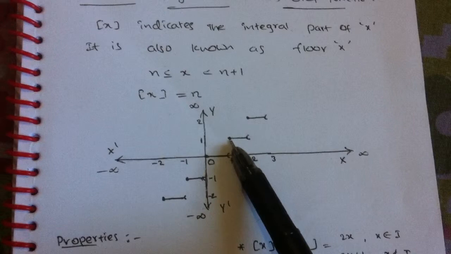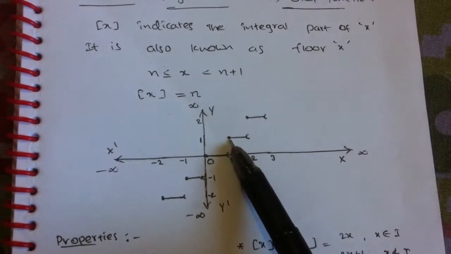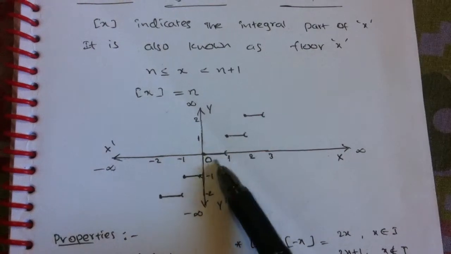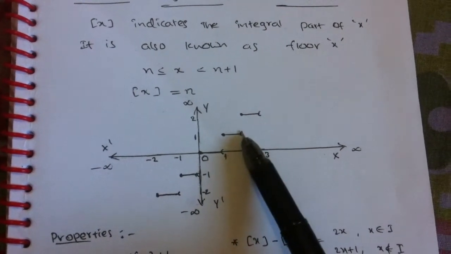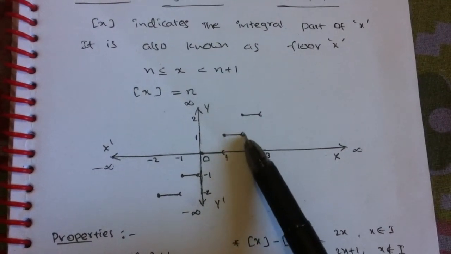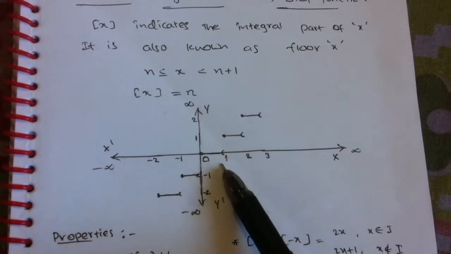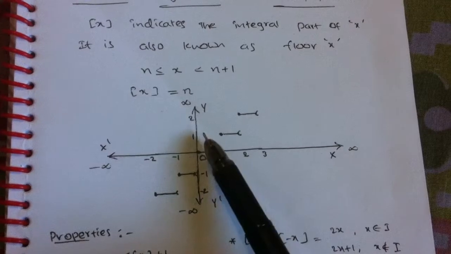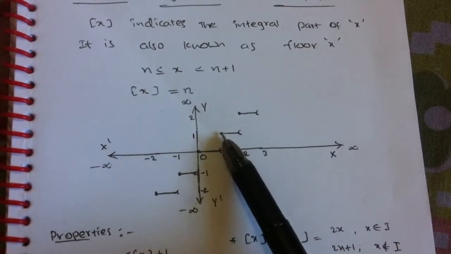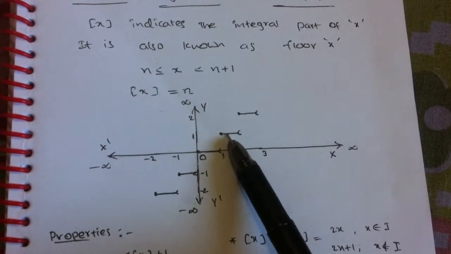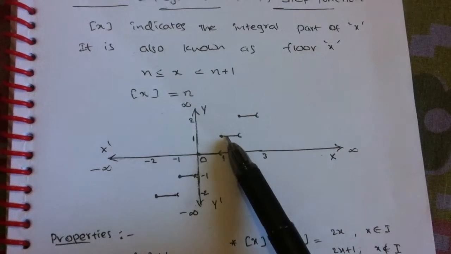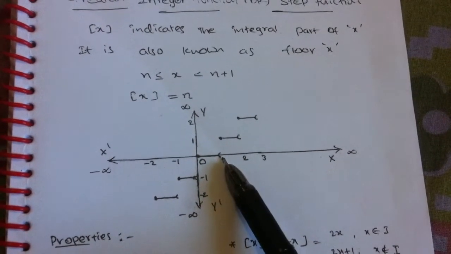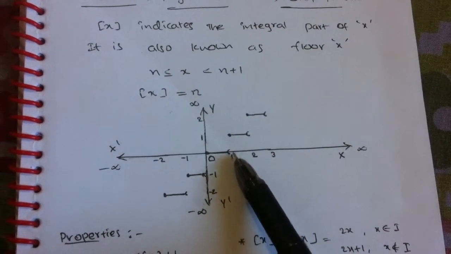Look here, the dark point indicates the value is included, and the open or white circle indicates the point is excluded. So step 1 is 1. Step 1.1 is 1. Why? Because 1.1 lies between 1 and 2. So the step value of 1.1 is 1.